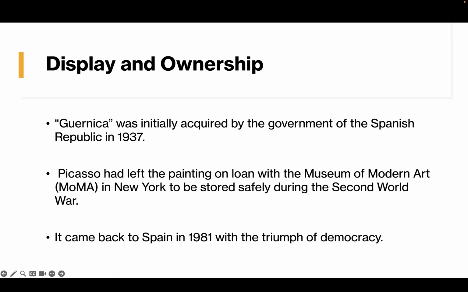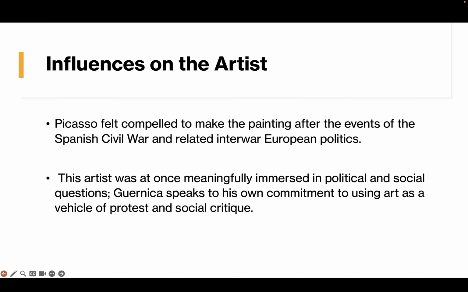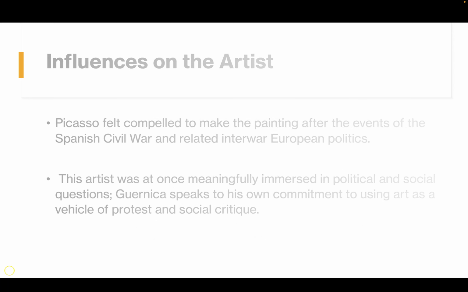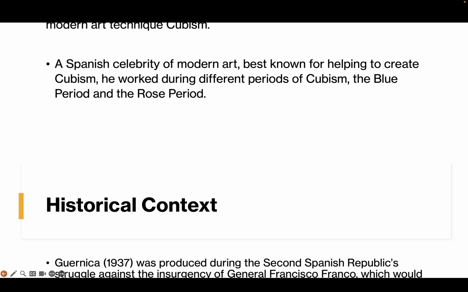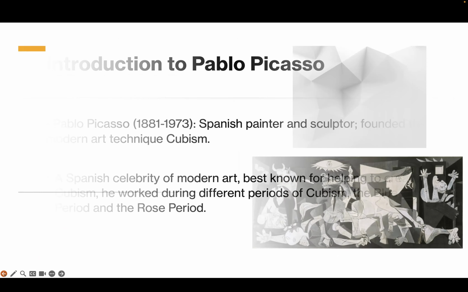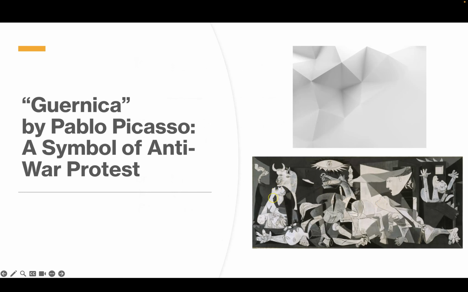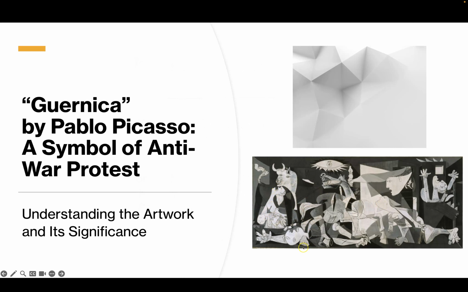If we go back to the beginning of the presentation, we can see the figures here and the emotions they're showing. They are screaming.